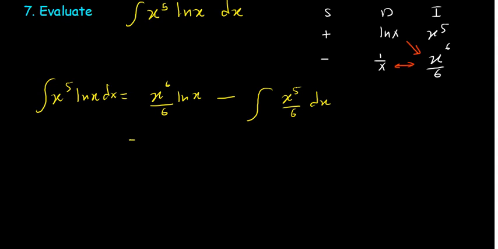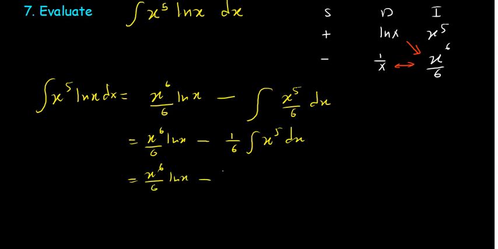And that will give us x to the power 6 over 6 natural log of x minus, the 6 is a constant, so I can remove it. So that is 1 over 6 integral of x to the power 5 dx, giving us x to the power 6 divided by 6 natural log of x minus 1 over 6.